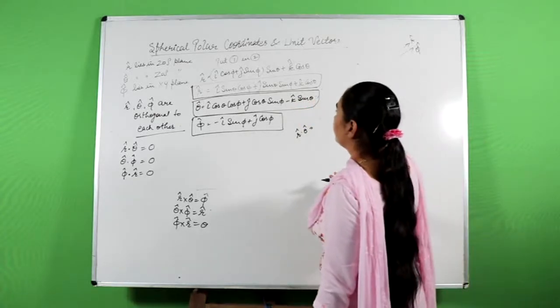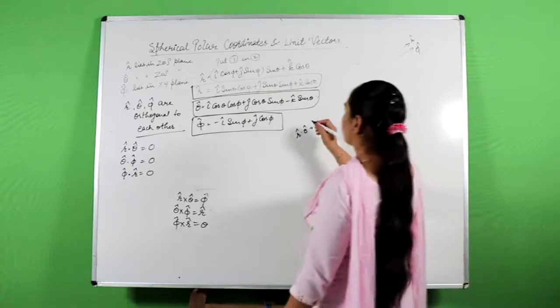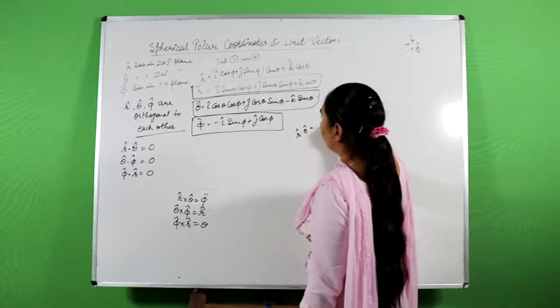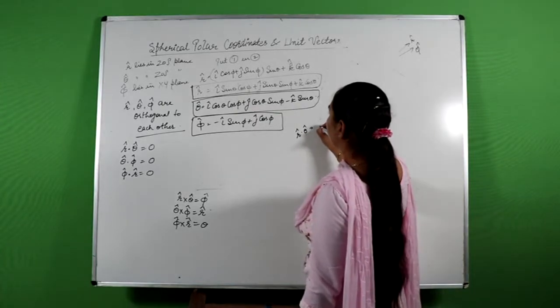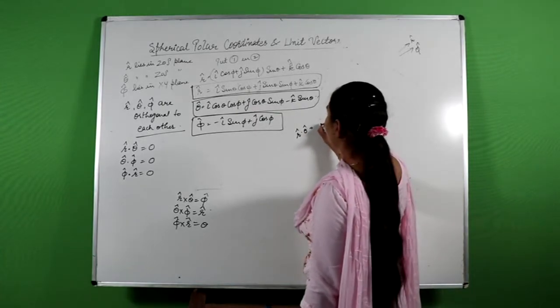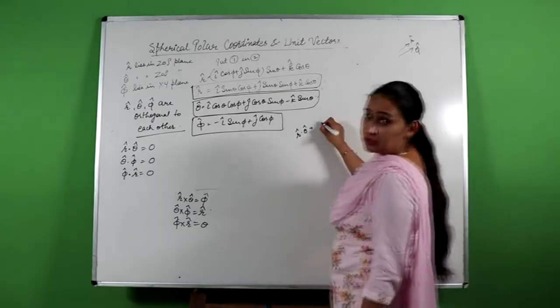So I can write r dot theta. If I multiply these, I'm directly writing the result.